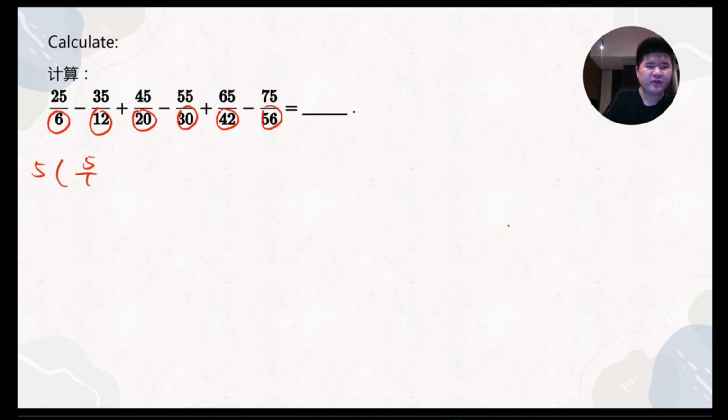So if we pick a 5 out, it becomes 5 times 5 over 6 minus 7 over 12 plus 9 over 20 minus 11 over 30 plus 13 over 42 minus 15 over 56.